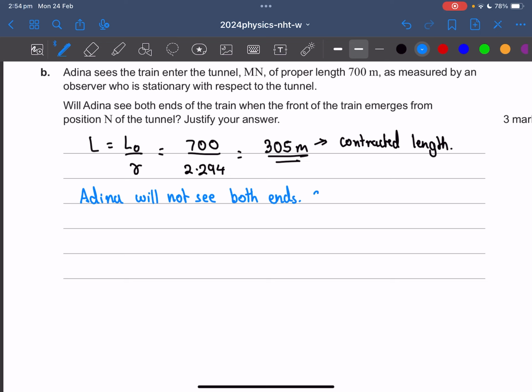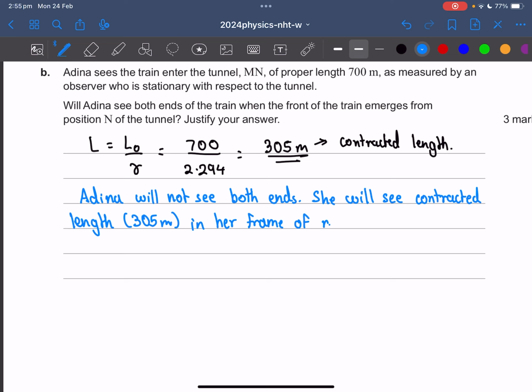She will see the contracted length in her frame of reference, 5 meters, okay.